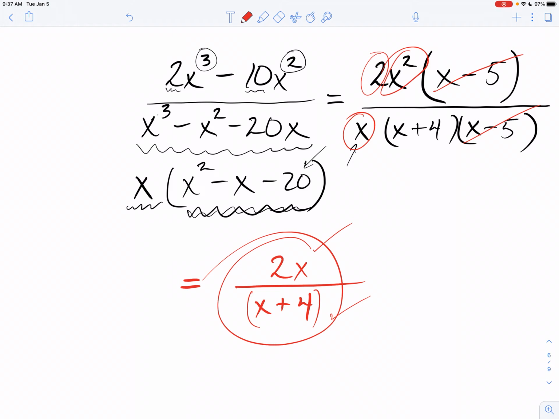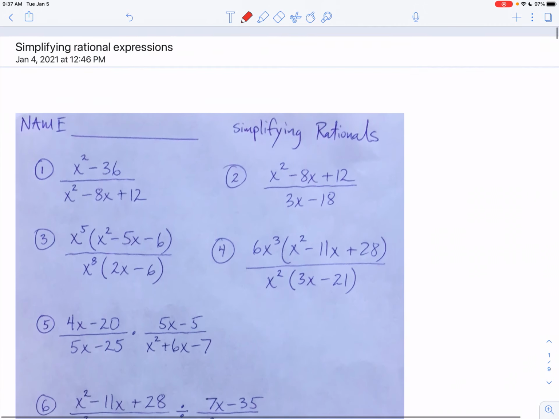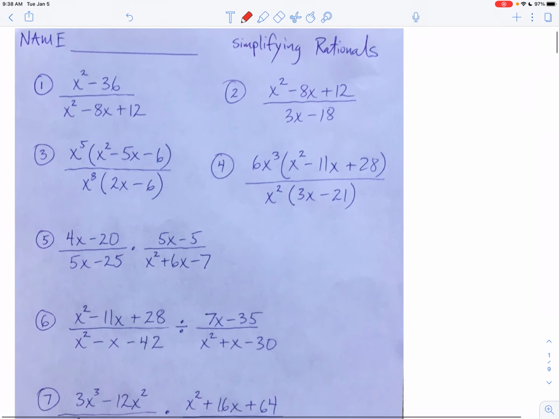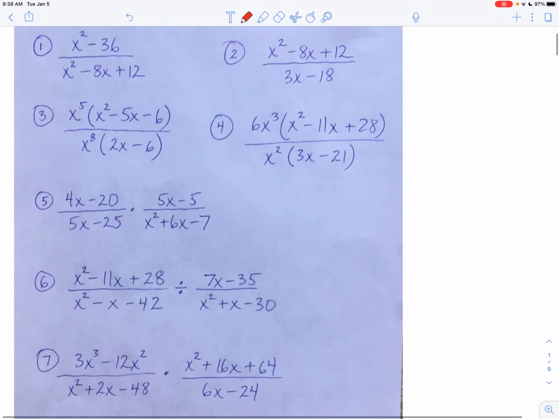So when you get to the practice problems, you are going to see practice doing this. I have 10 questions. Hang on, I'm just going to show you. So simplifying rationals, there's 7 problems there. You could pause it and take a picture of it. And then you're going, wait a minute, I see multiplies and divides.